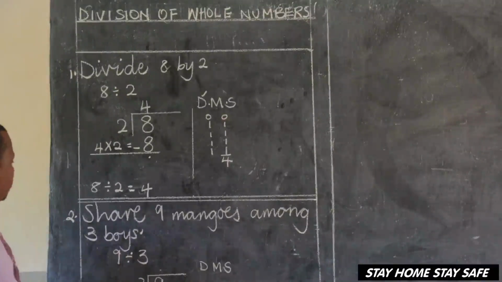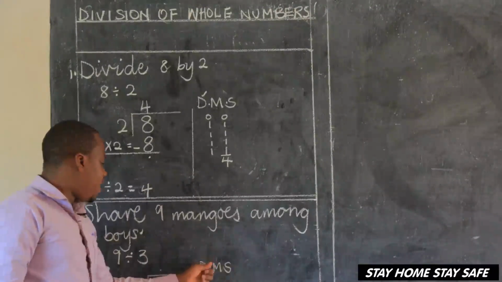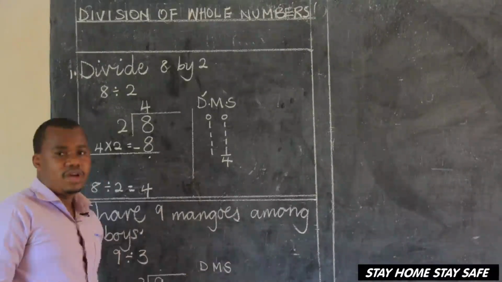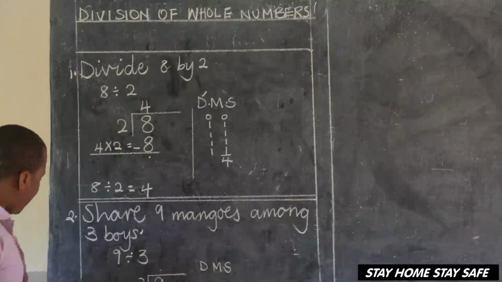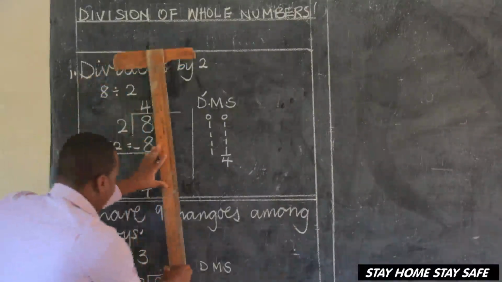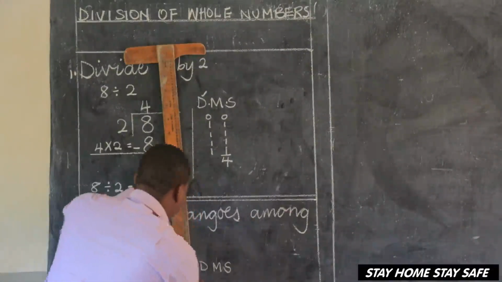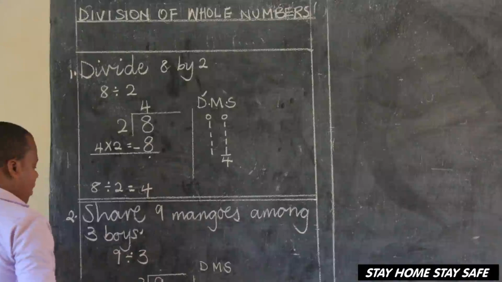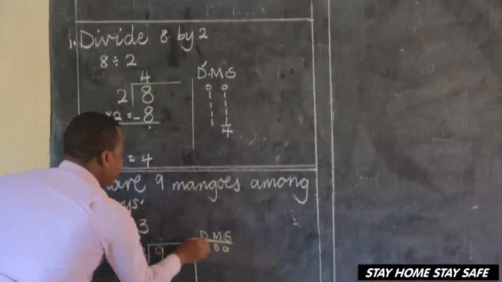Then what are we going to do? We now follow our rule for long division. Divide, multiply, subtract. Now can we divide together? 9 divided by 3. Someone doesn't have the answer. So I told you it is allowed to come and create part of work. Then you will say 1, 2, 3.